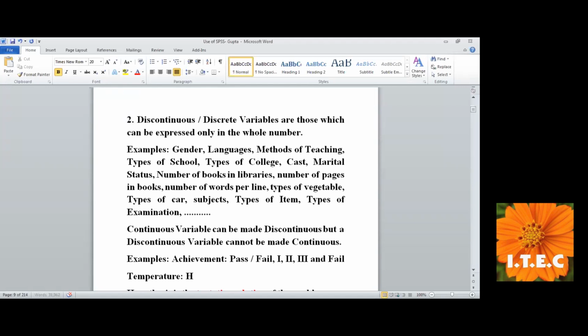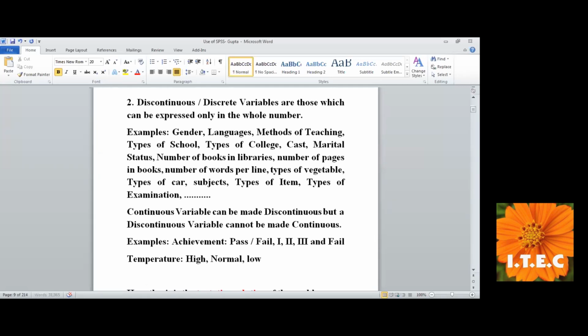It can be high, normal, and low. Blood pressure.